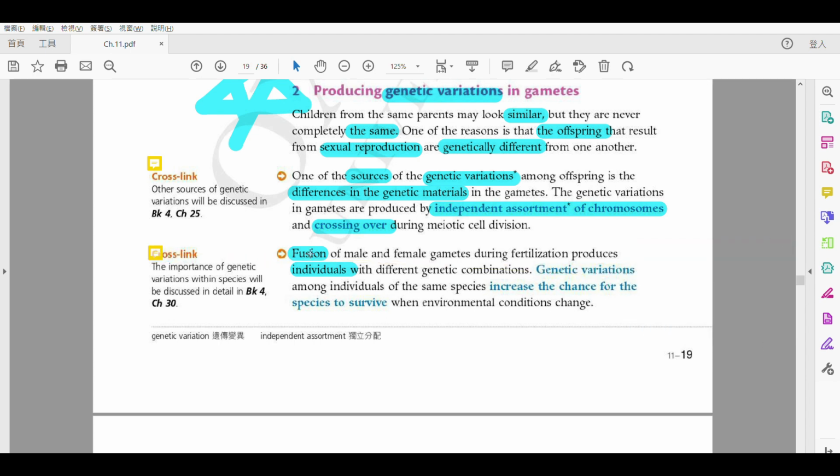好啦, so the fusion will form individuals with different genetic materials, different genetic variations. So you don't need to remember this word combination. 得唔得？你就咁寫 different genetic variations.